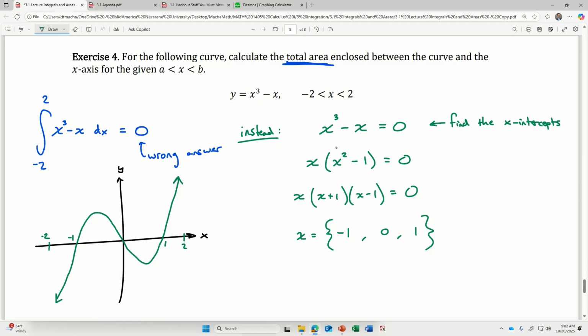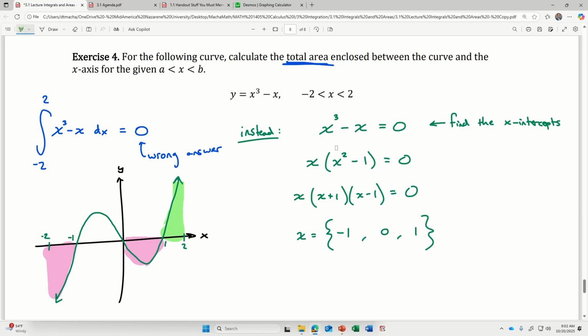But if I took the integral from -2 to +2 of this curve, the problem is that this counts as negative area and this counts as negative area. And the negative area on the far left is going to cancel out with this positive area on the right side.